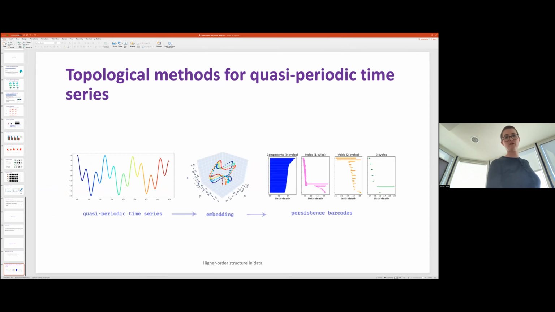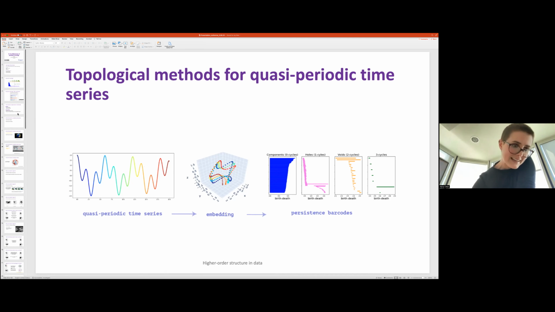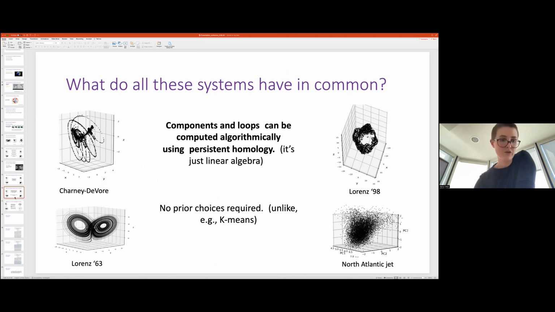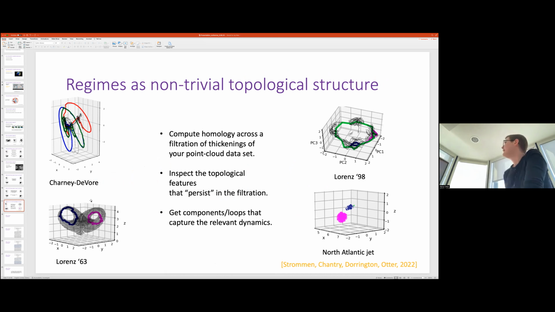I was wondering why you were doing that if the dimensionalities are not the same. Sorry, let me go back to that slide. Yes, this one. You're watching the cycles for the three classical regimes, but on the North Atlantic jet it seems like you're watching just the components.